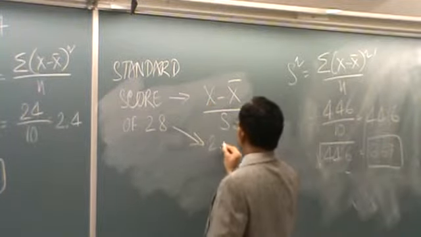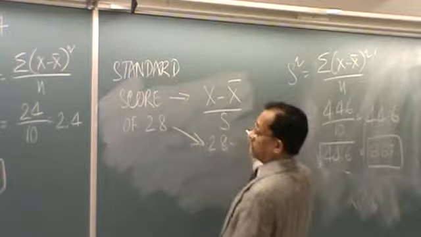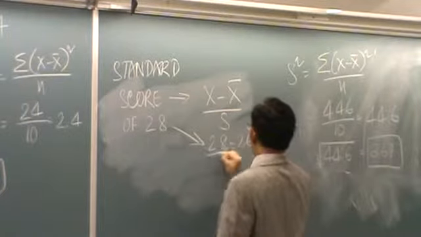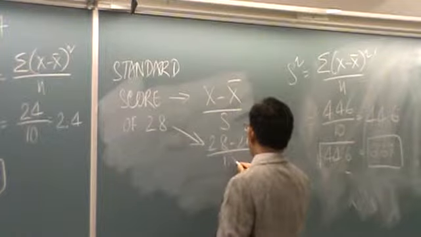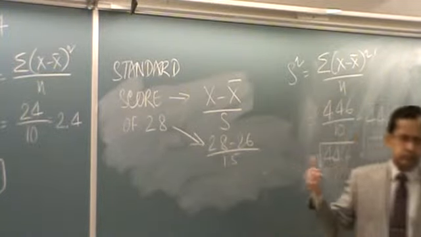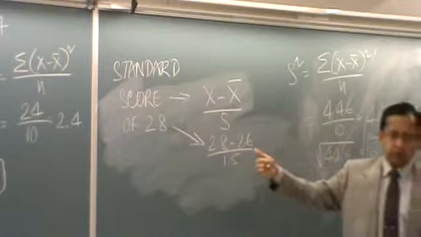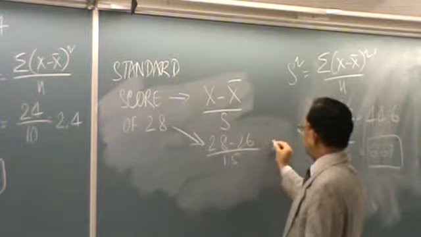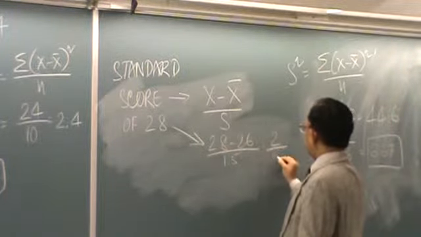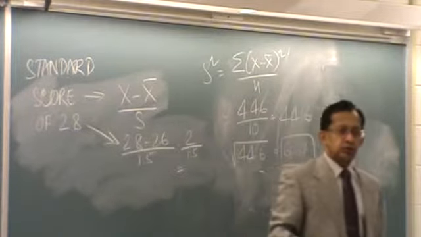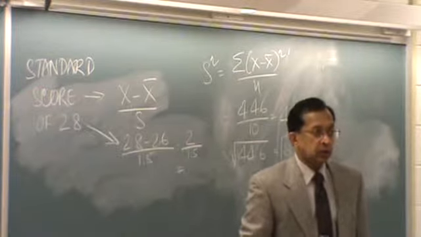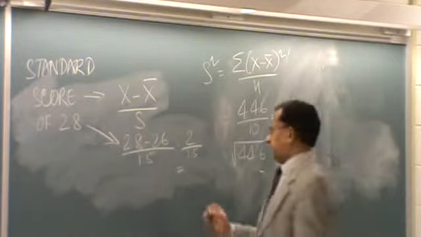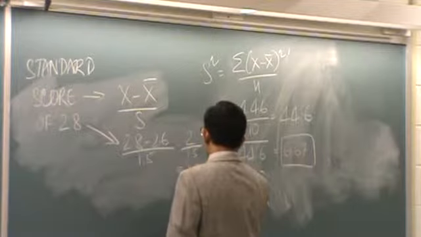So 28 minus x bar, which was 26, and standard deviation, let's use 1.5, just one digit after the decimal point. So it will be 2 divided by 1.5, and how much do we get? 1.33.